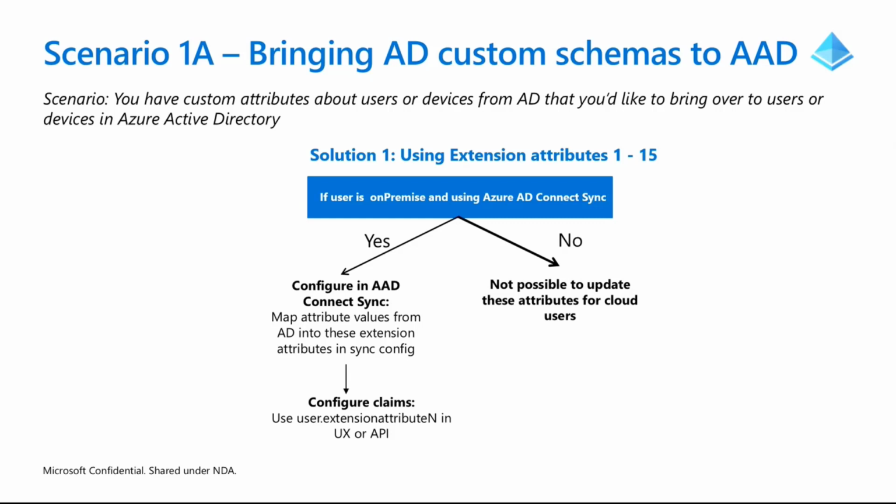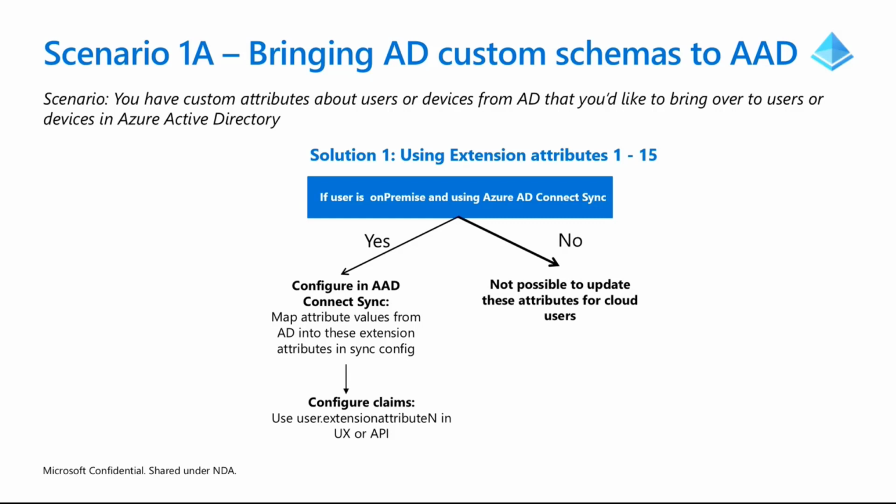The write ability is only given to Azure AD Connect Sync and the Exchange Sync for on-premise, because those are Exchange-specific attributes. So be very mindful when populating extension attributes 1 through 15. Generally, I've seen a lot of customers use them when you would like to use them across multiple applications as a claim, so that you can populate and send that value. That's our scenario in this case, and this is how you should do it.